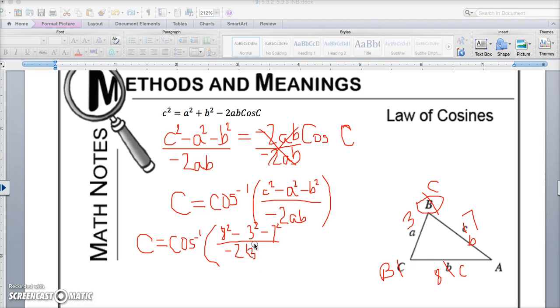I know that looks terrible. That's a square.